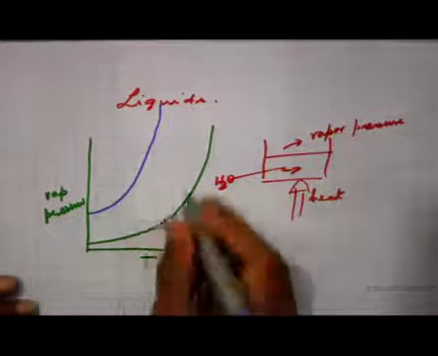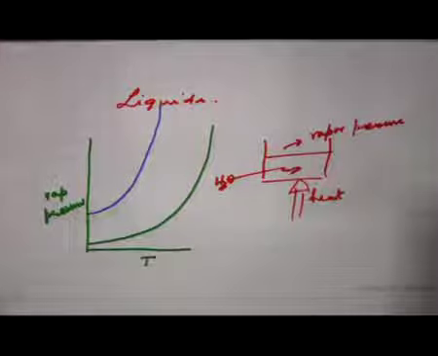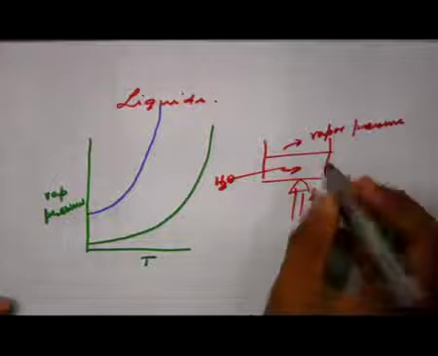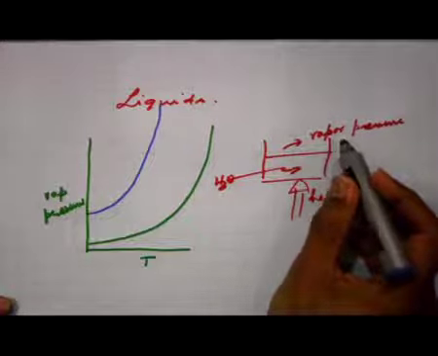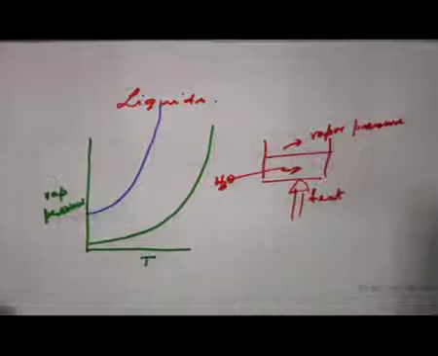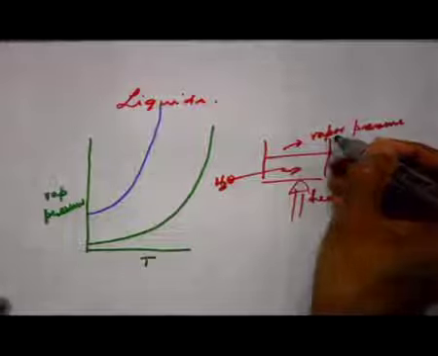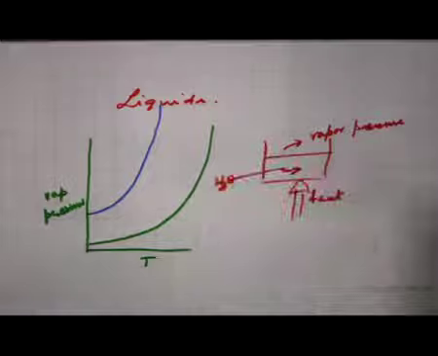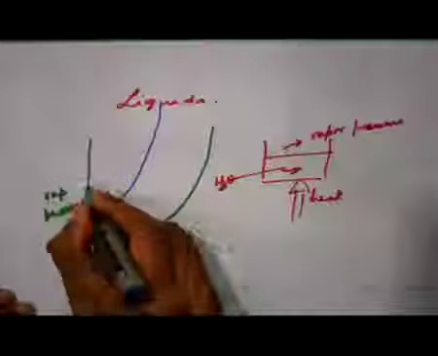So, different liquids have different dependence of the vapor pressure on temperature, and the temperature at which the vapor pressure equals the atmospheric pressure, when the vapor pressure matches the pressure on top of it, is called the normal boiling point.